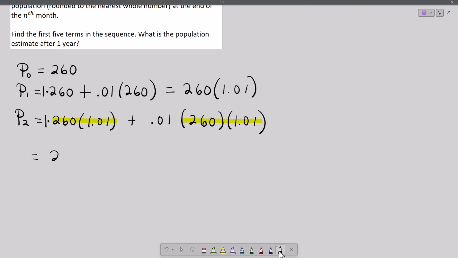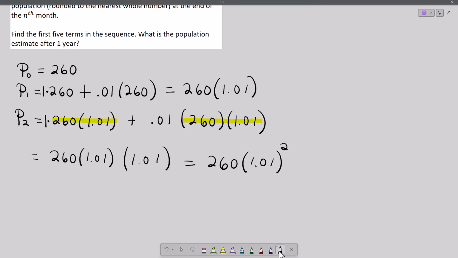So 260 times 1.01 is coming to the front, and we're left with 1 plus 0.01. That gives us 260 times 1.01 squared.